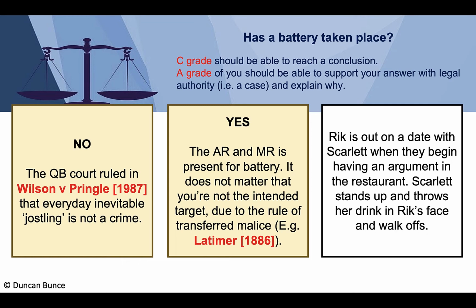Now, of course, Scarlett has not touched Rick herself, but her drink has. So an indirect act means that the case we really want to be thinking about here for the actus reus is the DPP and K, the acid in the hand dryer case, and that would illustrate the point nicely.